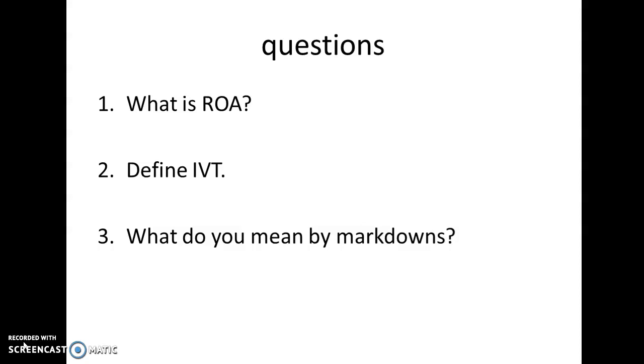the profit. The next question is, what do you mean by markdowns? Sometimes a company may announce discounts for its products to increase selling and also to attract customers. So the company is selling its products at a discounted rate compared to its original rate.